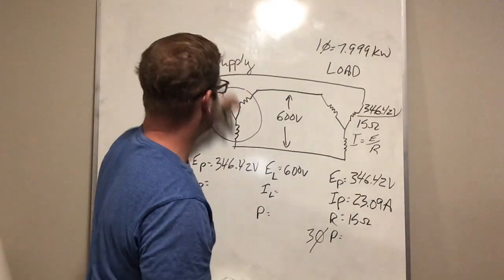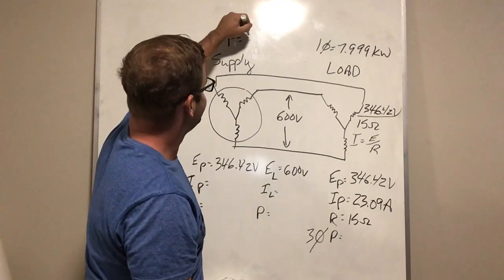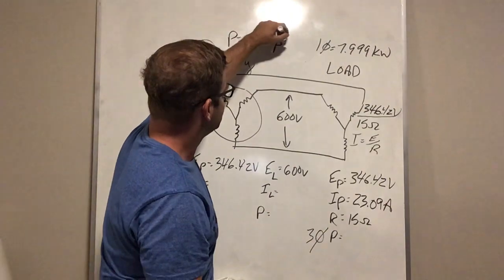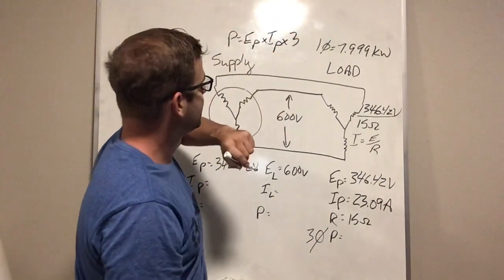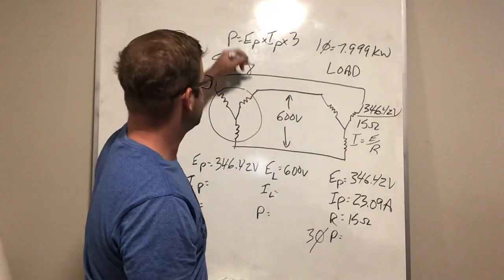So that formula is power is equal to E phase times I phase times 3. So we already calculated that value out. We just multiply it by 3.